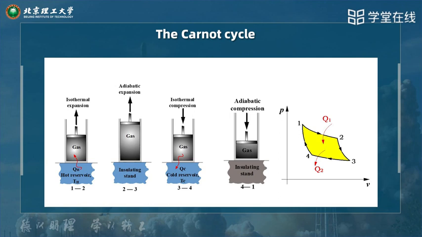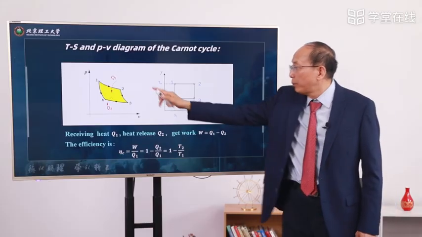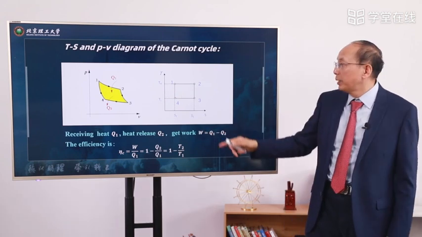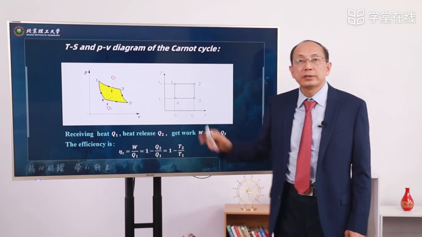So we can think the process is reversible. In this case, when we calculate the efficiency, it is certainly the highest. In the TS or PV diagram, we can draw the Carnot cycle like this.